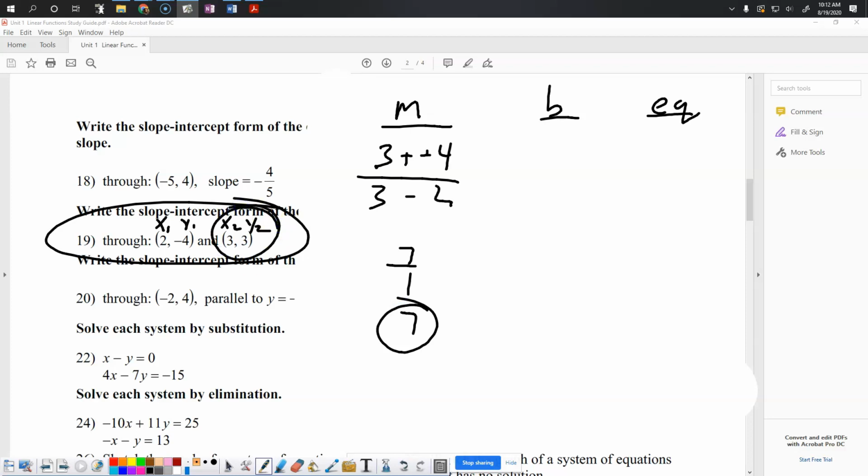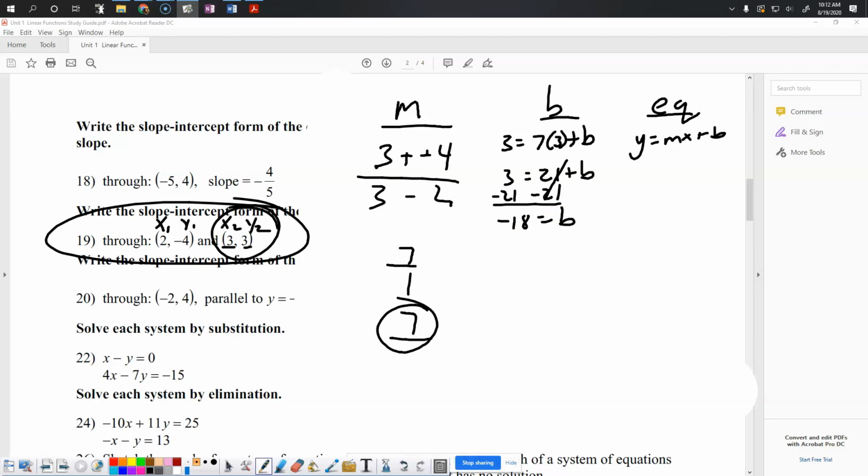You're going to plug in the 3 for y, you're going to plug in the 3 for x, and you're going to plug in the 7 for m to our slope-intercept equation, right? So if I plug in 3 for y, 7 for m, and 3 for x, we can solve for b. So b is negative 18.